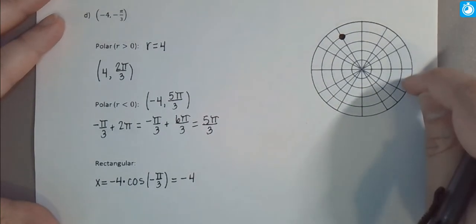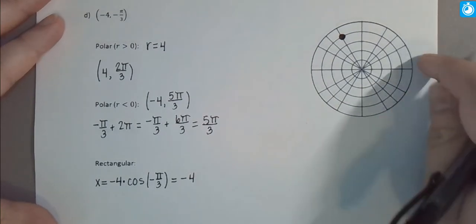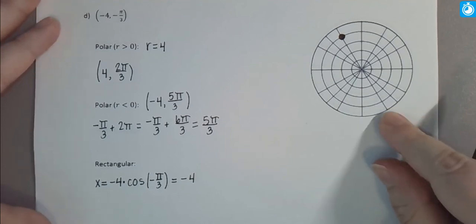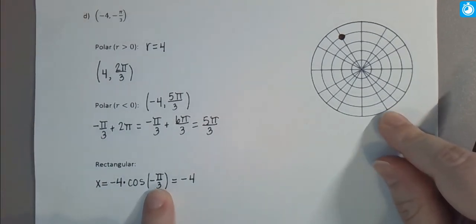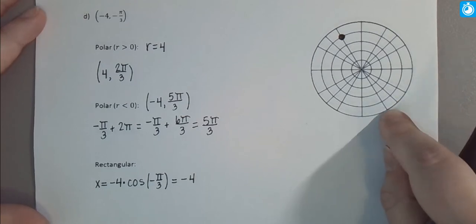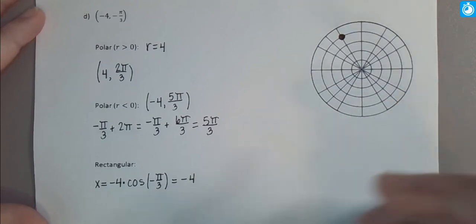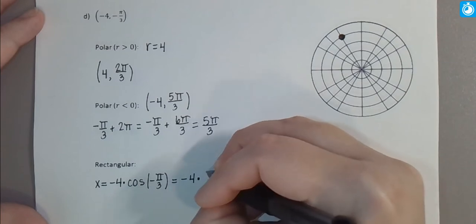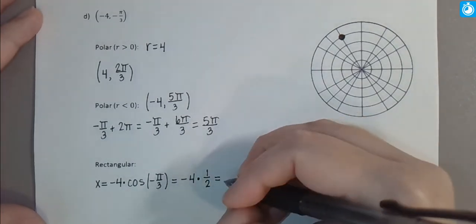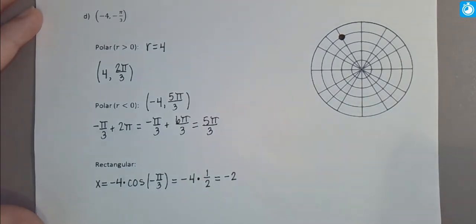Negative pi over 3 is the same thing as positive 5 pi over 3. So what we know about 5 pi over 3 will be the same as what we know about negative pi over 3. At that particular location, the cosine has a value of positive 1/2. So we multiply that, simplify it down. It's going to be negative 2.